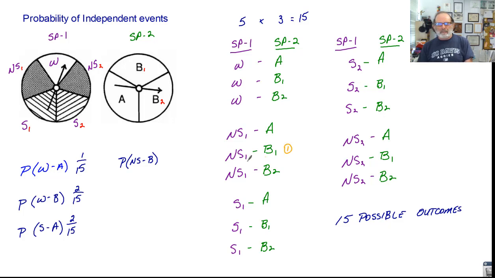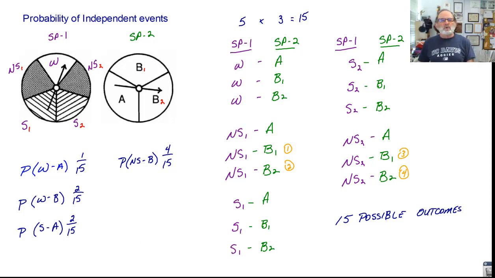Here's 1 time it happens, not striped with B. Here's another time it happens, not striped with B. There's also a second not striped space right up here, so it happens again with B and again with B. There is a 4 out of 15 chance that not striped and B could be the results of the 2 spinners.